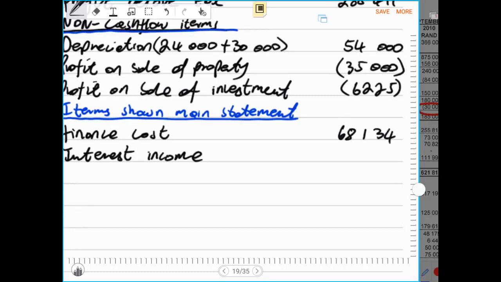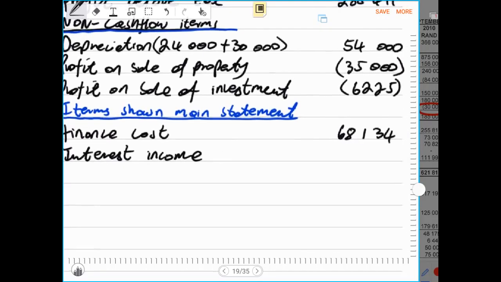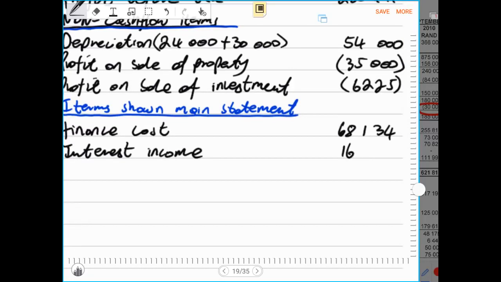Finance cost is 68,134. Remember, finance cost was recorded as negative and it reduced the profit before tax. However, now since we are doing a reversal, the finance cost will have to be positive, reversing the negative that was recorded in the income statement. And the interest income is 1,600.